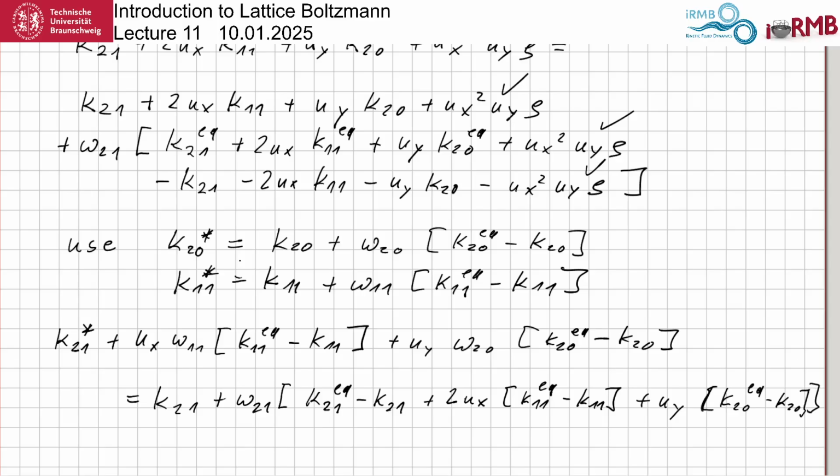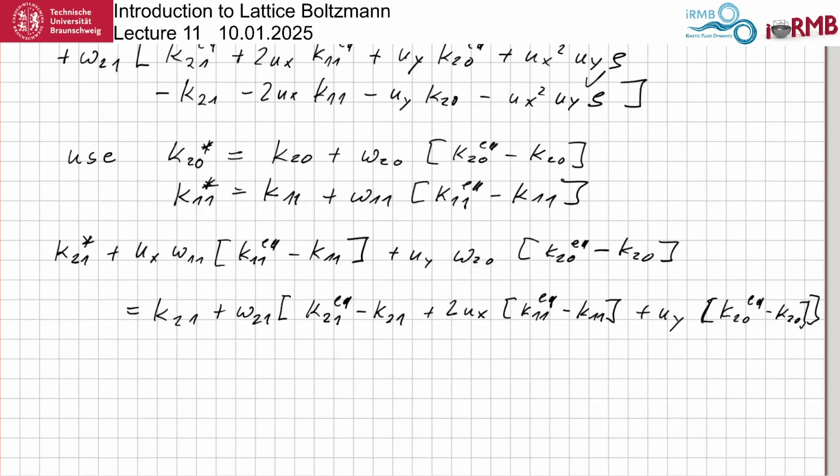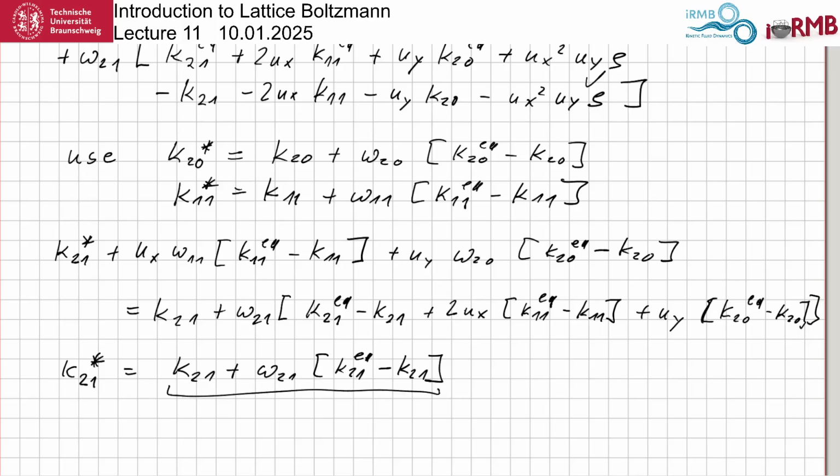Let's close all the brackets and rearrange this a little, so that we have only K21 on the left side, which is the thing that we want, bringing everything else to the right side. So this is K21 plus omega 21 times K21 equilibrium minus K21. This is what we want to have. This is the Lagrangian frame.